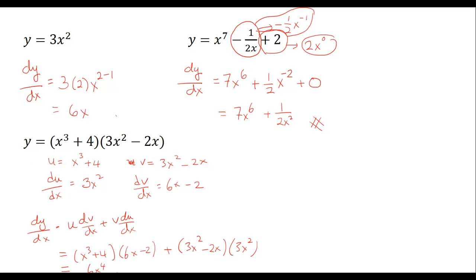This one I get x cube, and then you can do it again as you normally do. 9x, minus 6x cube. Once you have this, then you can simplify, 6 and 9 is just 15.